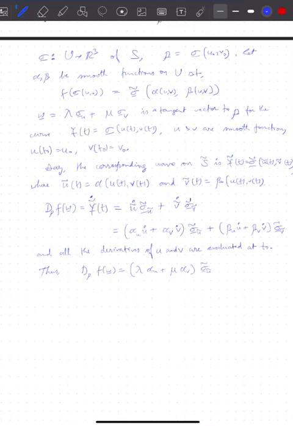And then for v tilde, we have the same thing: lambda beta_u plus mu beta_v, and then sigma tilde. So this is what we have.